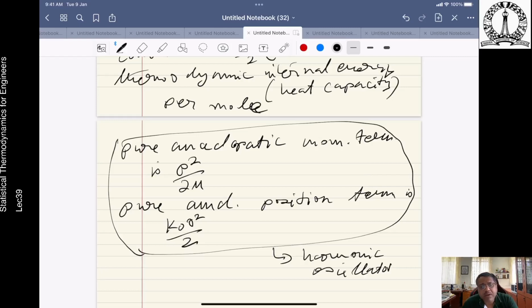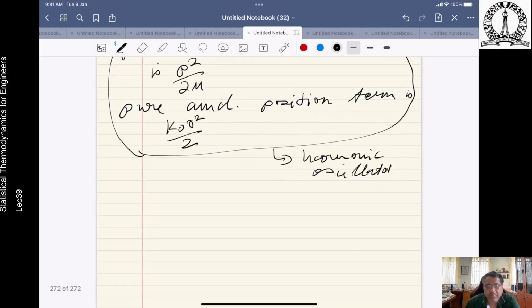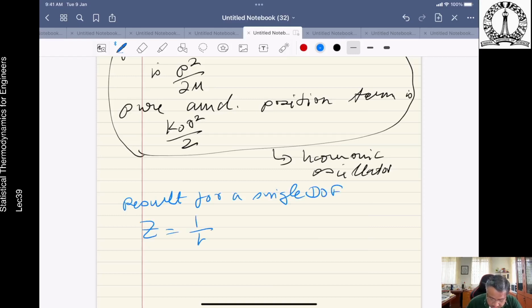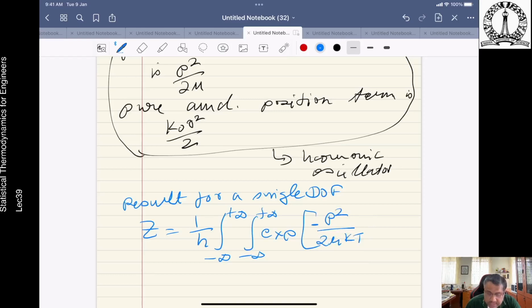Okay, now for the result for a single degree of freedom, you can see the math. There's a little bit of math involved, so you can check that out. I'm just going to write the result. For a single DOF, z is equal to 1 over h, integral from minus infinity to plus infinity, integral from minus infinity to plus infinity, of exponential of minus p squared by 2 mu kT, minus k naught r squared by 2 kT.